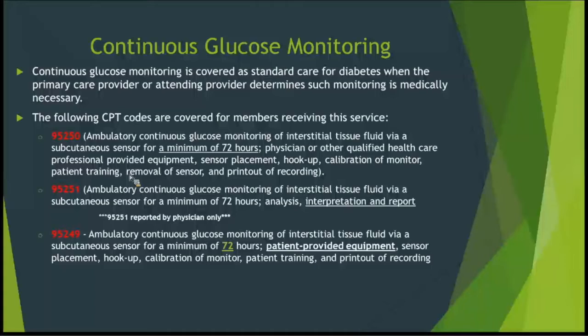Okay. So what happens if you're doing glucose monitoring is the charge is split. The physician is going to report theirs on the HCFA 1500, and you have the UB for the hospital side. So when you're doing it, it splits.